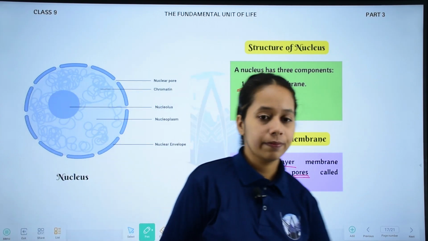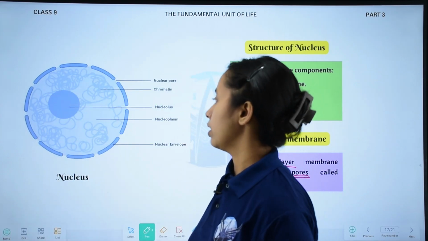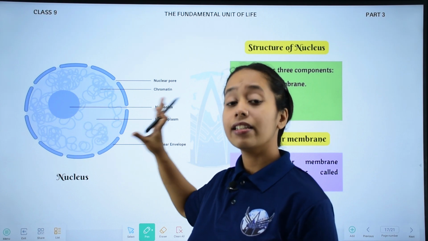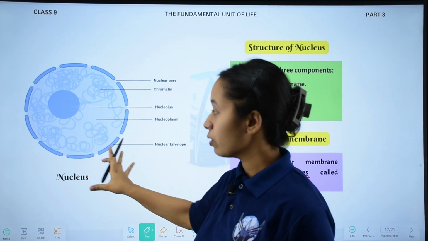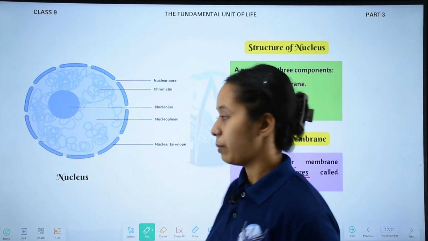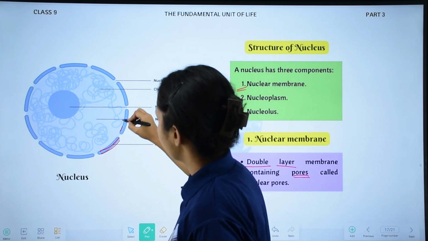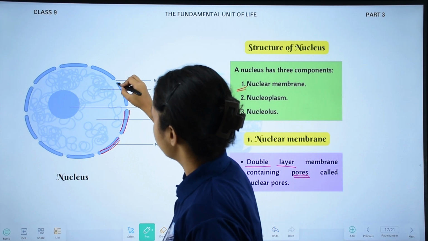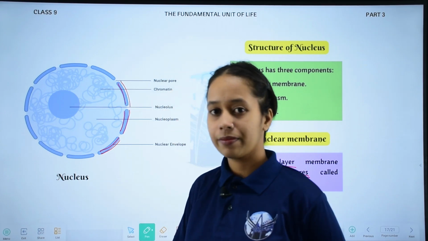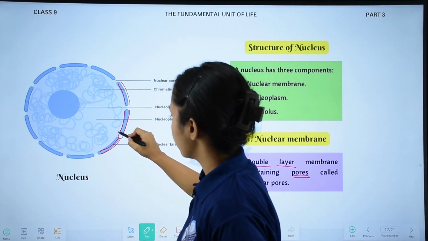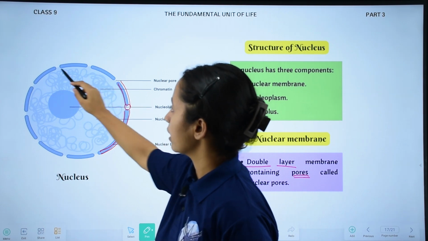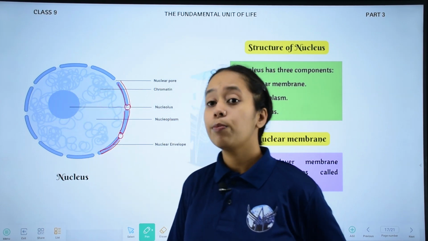See in the structure, this is a nucleus. This is not a cell, this is the nucleus of a cell. The nucleus of a cell has a double layer membrane. This is the first layer, this is the second layer. Again we have one layer, two layers, here also one layer, two layers, and there are pores in between them. We can see gaps in between them, right? Those are the pores.